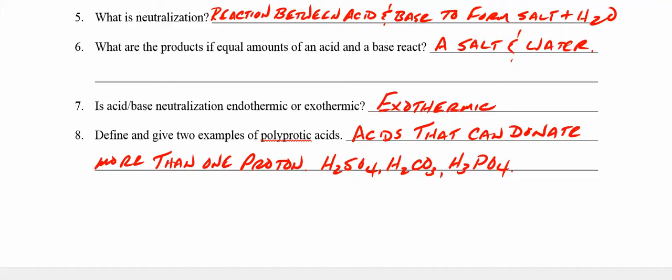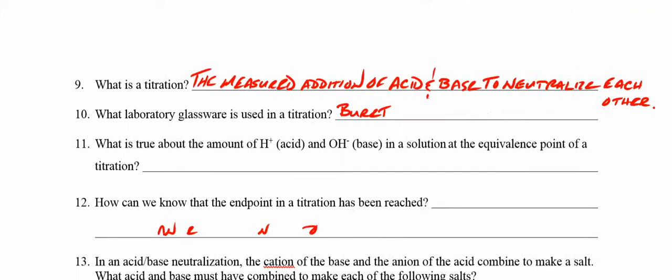Exothermic. Number 8, define and give 2 examples of polyprotic acids. Acids that can donate more than 1 proton. So examples would be H2SO4, that's sulfuric acid, H2CO3, that's carbonic acid, and H3PO4, that is phosphoric acid. Those are all polyprotic acids, and that'll do it for number 8.